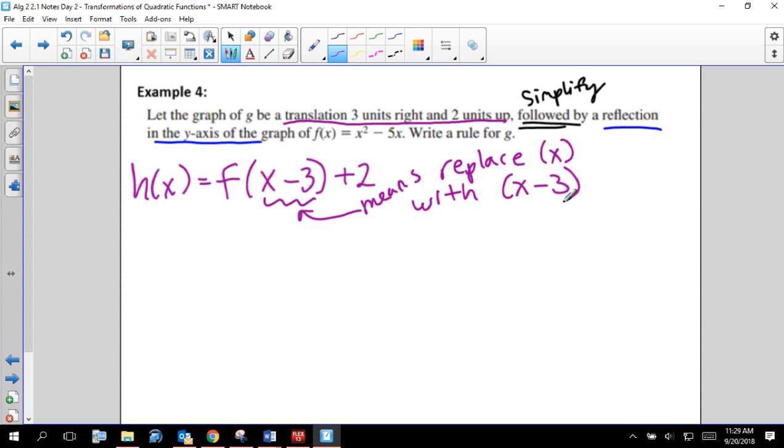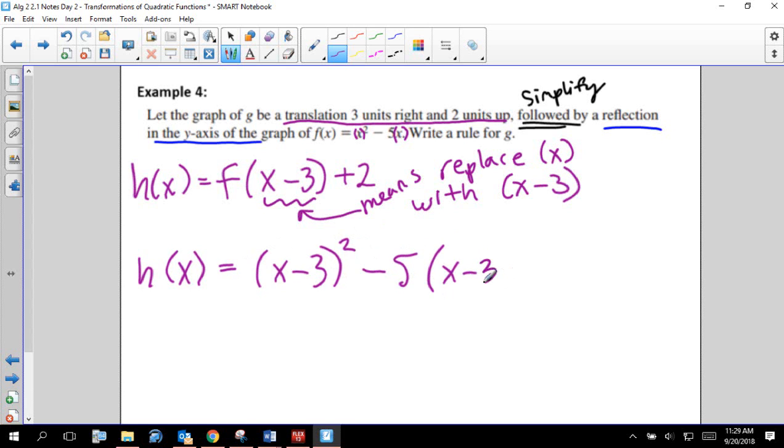We go to find our function. Here it is right here. I see more than one x. So every time I see an x, I'm going to replace that x with x minus 3. Every time. So I've got h of x. Then I've got x squared. So now I'm going to make it x minus 3 squared minus 5. And then there's another x minus 3.